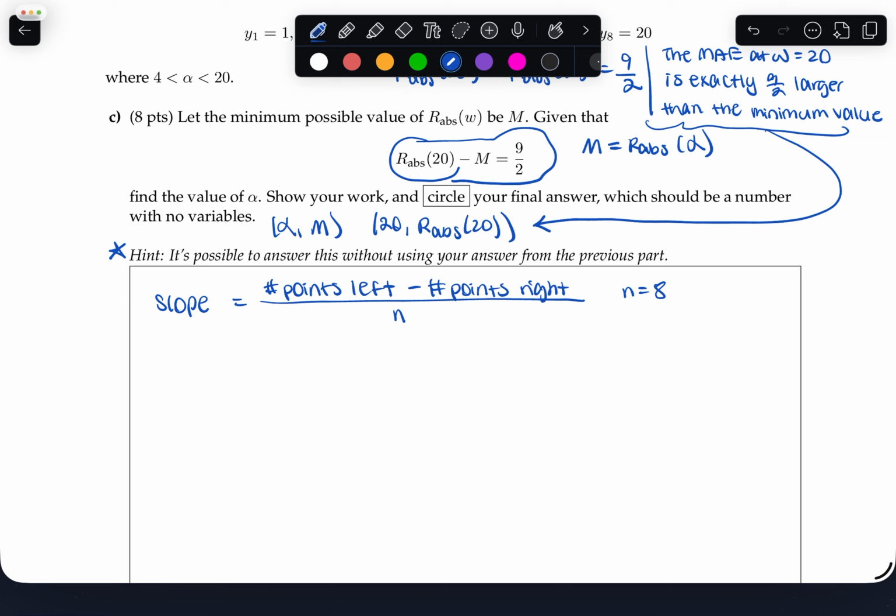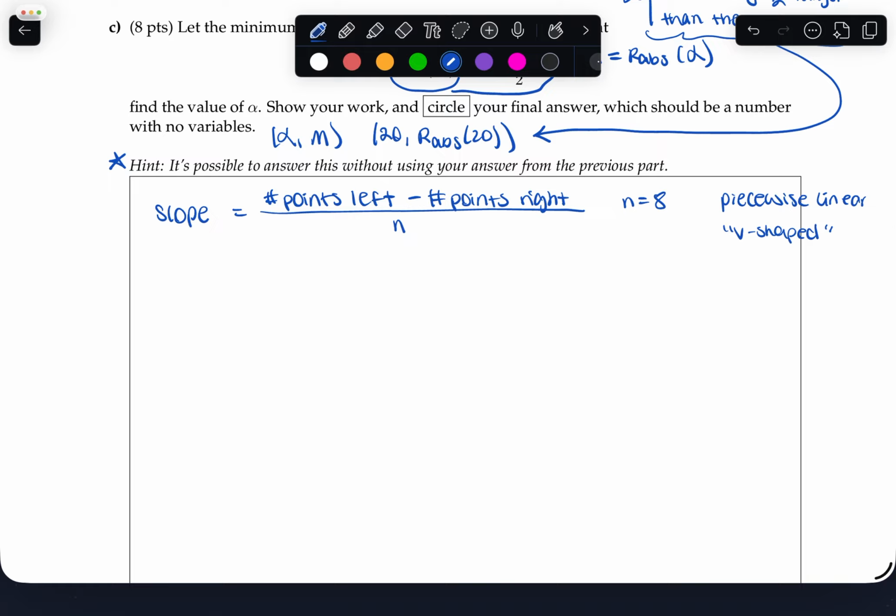So the MAE function is piecewise linear, V-shaped, with a slope determined by the counts of points to the left and right. For the next step, we will count the points between alpha and 20, so we are moving from W equals alpha to W equals 20.